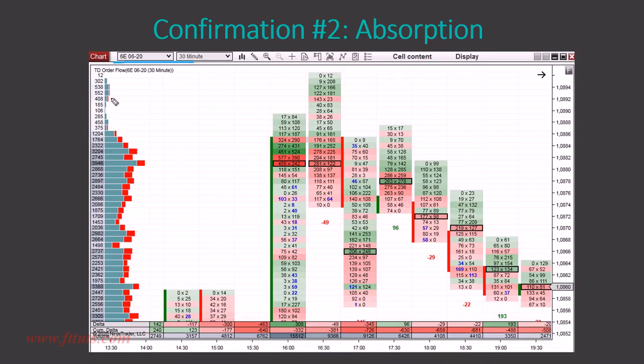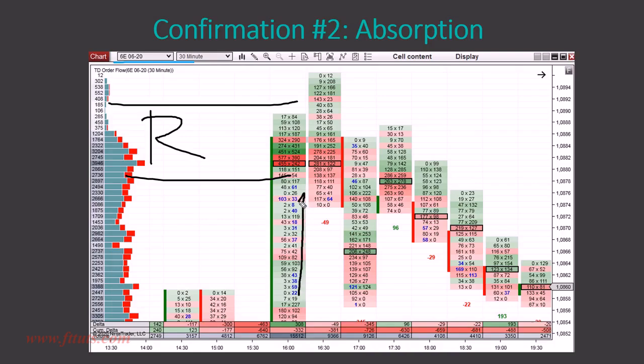Now let's say that there is a resistance somewhere in here and you are waiting for a confirmation. The price is pushing aggressively upwards. You can see all those imbalances, all those buyers pushing the price upwards. But in here, clearly, sellers are waiting, wanting to sell.